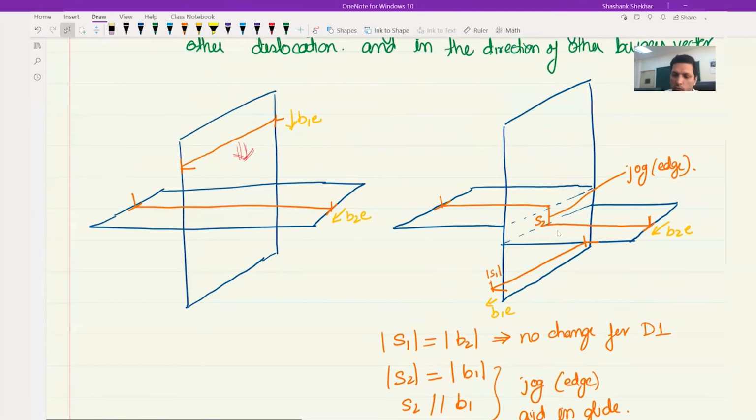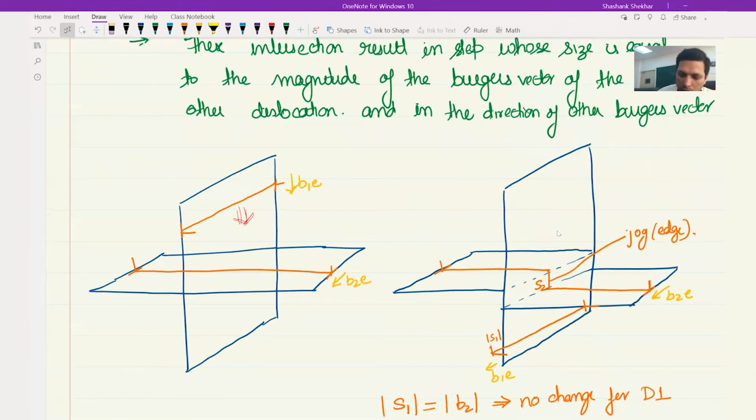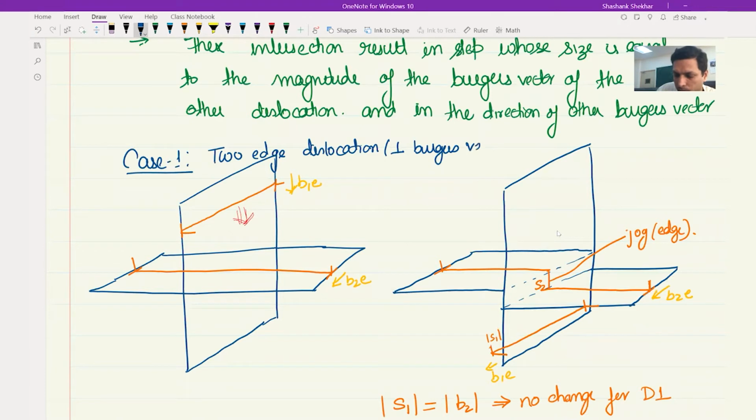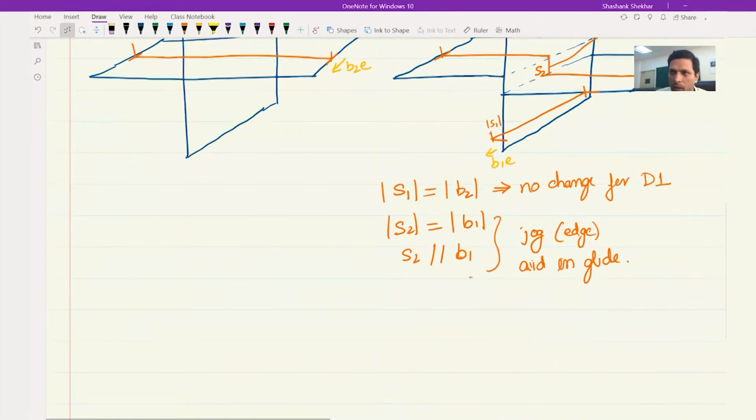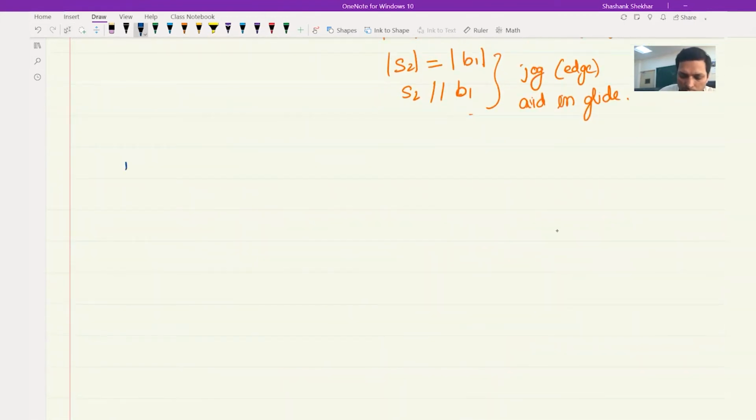So this is case 1, where we have two edge dislocations, but their Burgers vectors are perpendicular. Now let's look at another case.